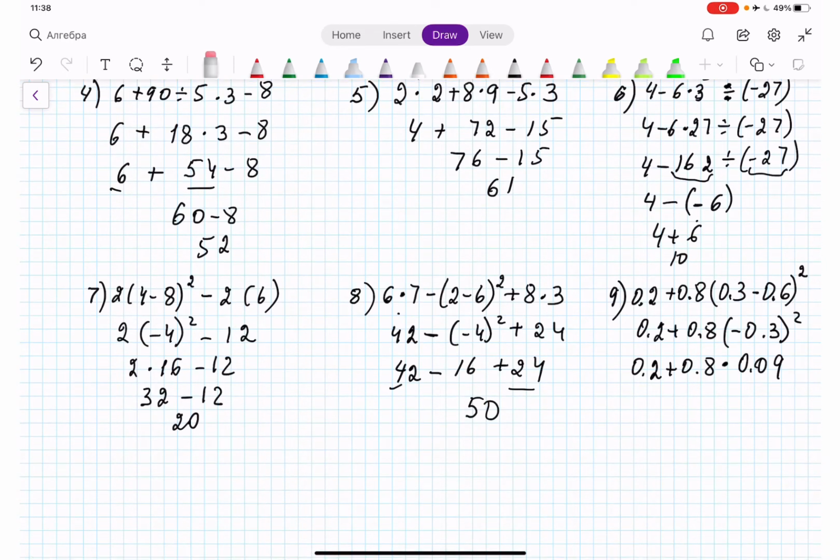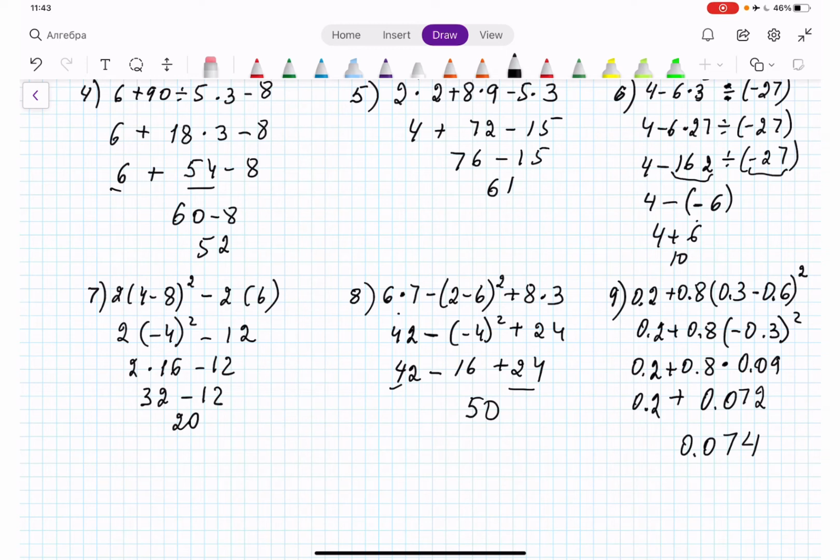So 8 times 9 is 72, right? 72, the decimal notation is here, so I'm moving back by 1, 2, 3 positions. 0.072. So 0.072 plus 0.2 is going to be equal to 0.074.